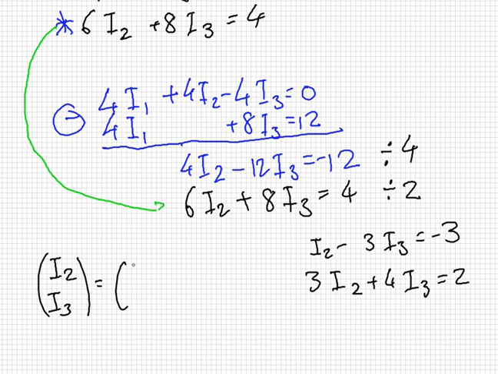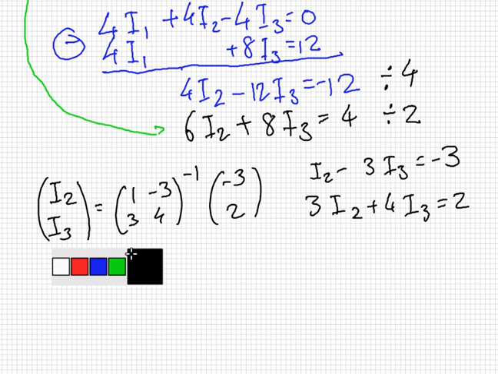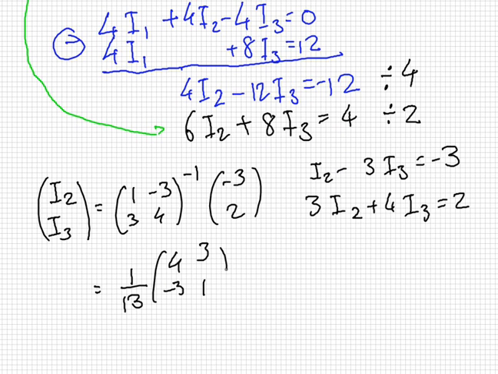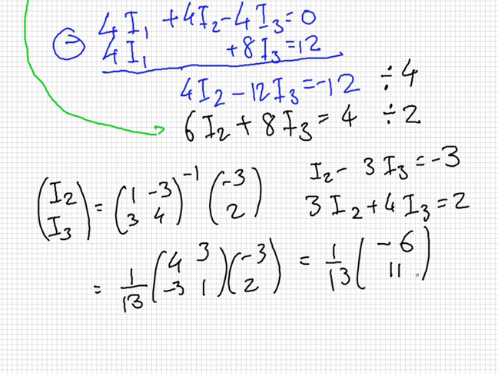So this would be the matrix 1, minus 3, 3, 4, inverse, times minus 3, 2. Which is 1 over 4 plus 9, 13, times 4, 3, minus 3, 1, times minus 3, 2. That's 1 over 13, minus 12 plus 6, minus 9 plus 2. So that is minus 6 over 13 and 11 over 13 for I2 and I3.